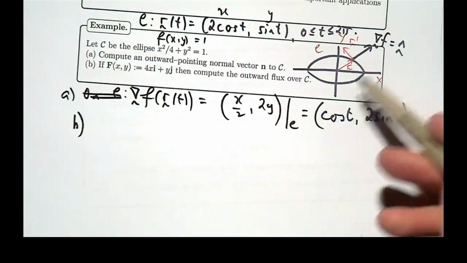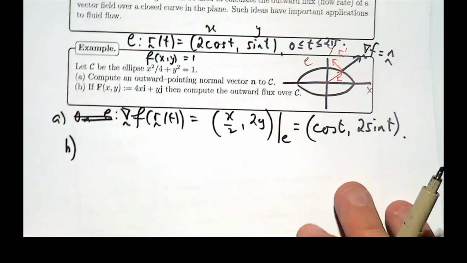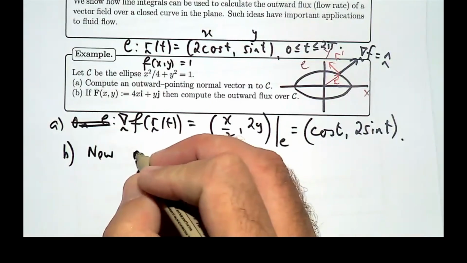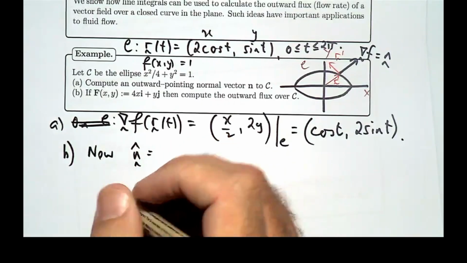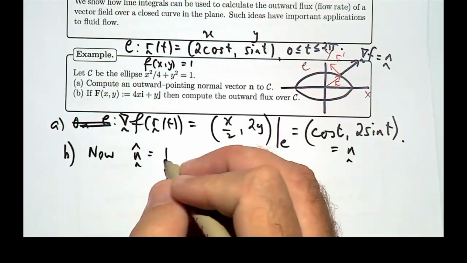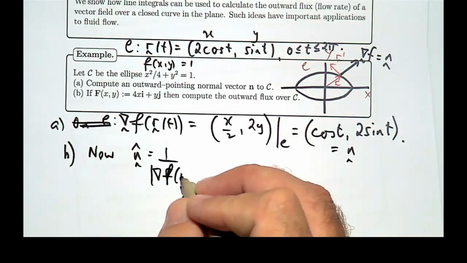We can think about the flow per unit something, right? So let's do a unit vector.